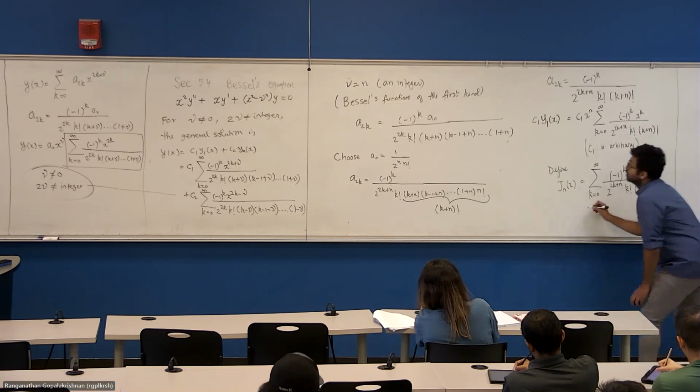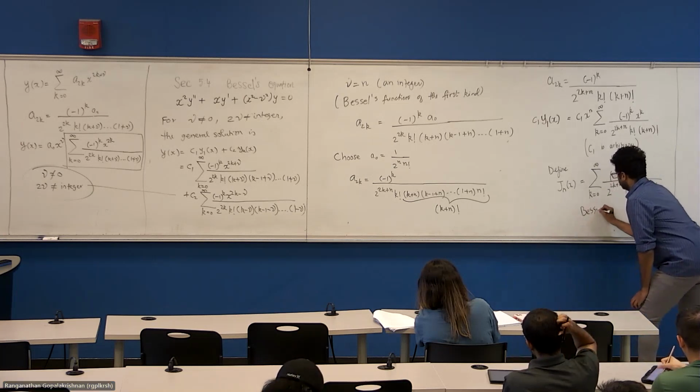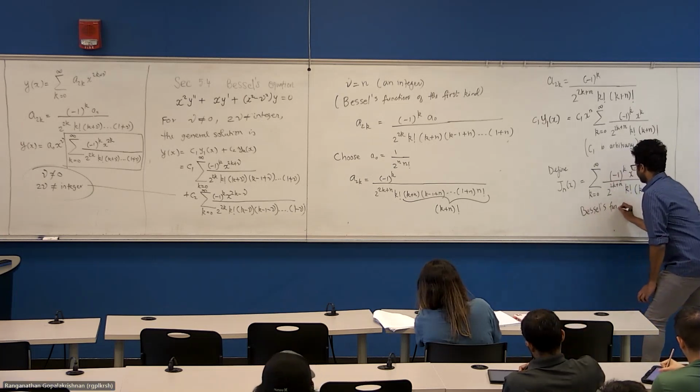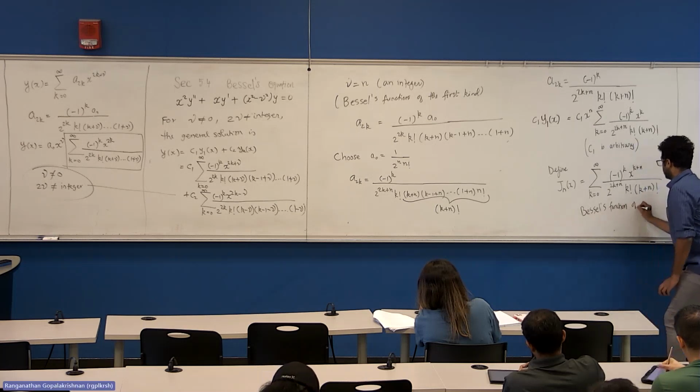This is what we call Bessel's function of order n.